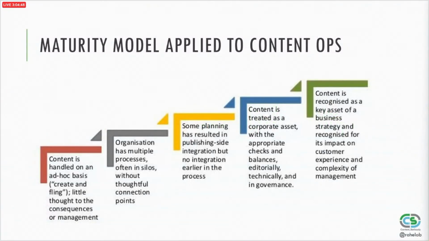So it really comes down to how we apply the maturity model to content ops. If you're working in level 3, especially level 4, maybe even level 5, then you probably have a good operating model. If you're in level 2 or 3, you probably have a ways to go.